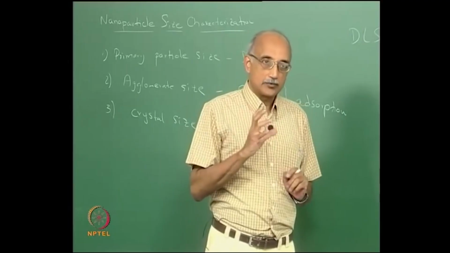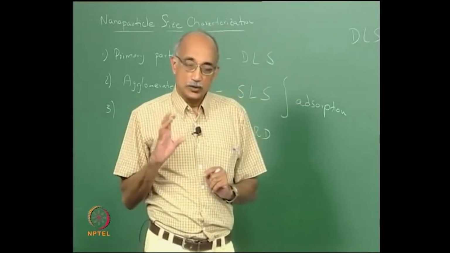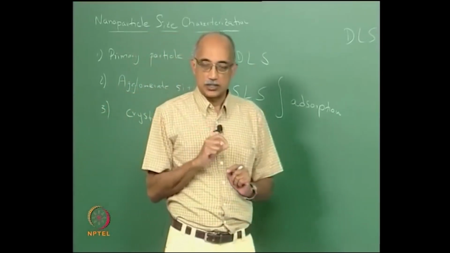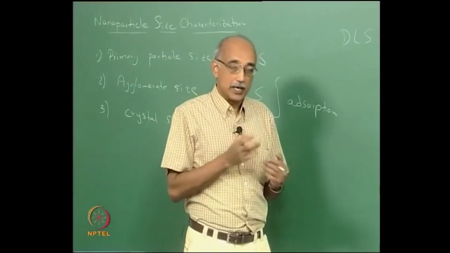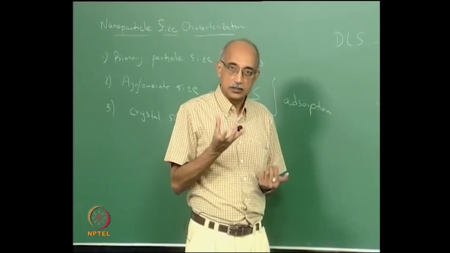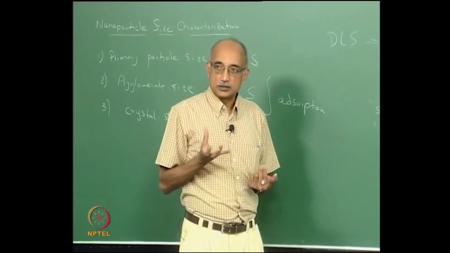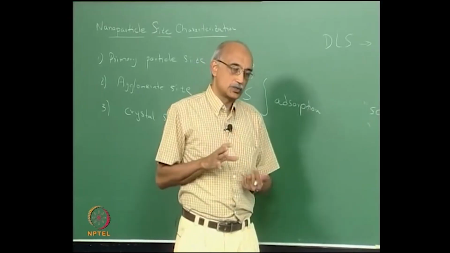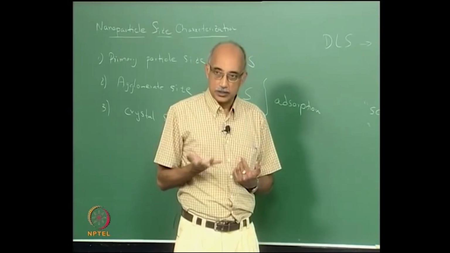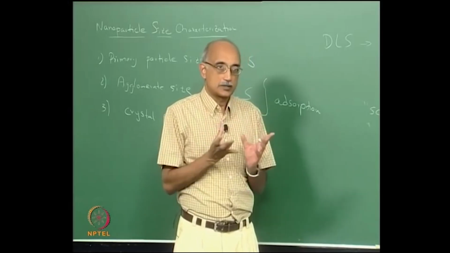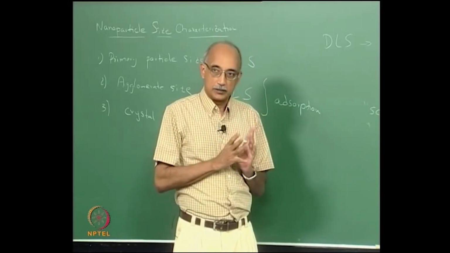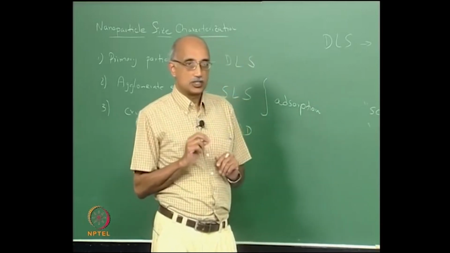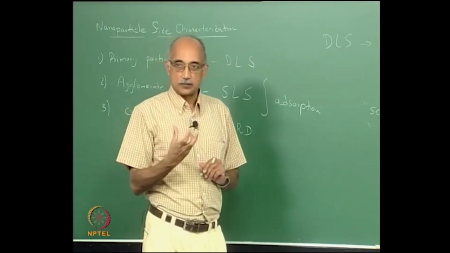So, by looking at the diffraction pattern, you can actually get an idea about the crystal structure, and by using Bragg's law you can basically estimate the crystal lattice dimensions. So, the XRD technique is very widely used, particularly by metallurgists, material scientists, to characterize the crystalline structure of a material. But it can also be used in a very quantitative way to estimate the size of this crystalline structure.